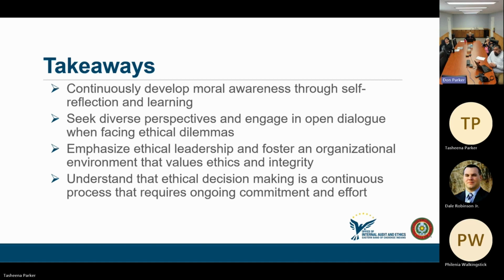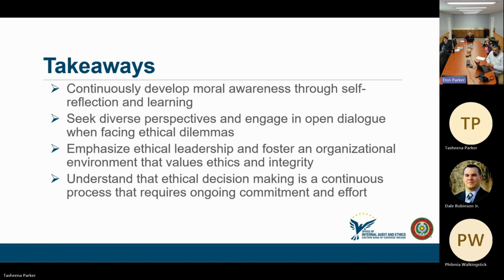So now we'll move into our takeaways. In order to help expand our moral awareness and become more ethical leaders, we should continuously develop moral awareness through self-reflection and learning, seek diverse perspectives, and engage in open dialogue when facing ethical dilemmas, emphasize ethical leadership, and foster an organizational environment that values ethics and integrity.